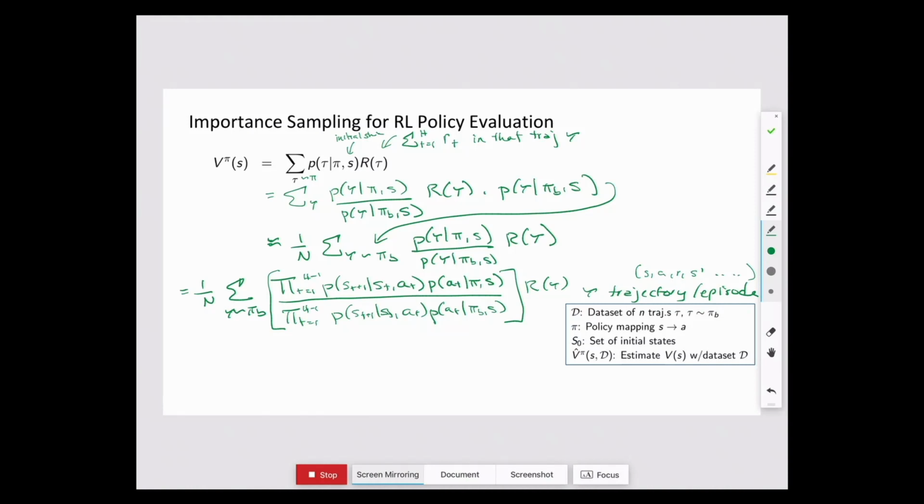So if we write it down here, we'll assume that the taus are sampled from pi b. We're going to sum over i equals 1 to n, so we're going to have n trajectories, and I will index each of these by i. So these are the actual states that were visited and the actual actions that were taken in that trajectory.